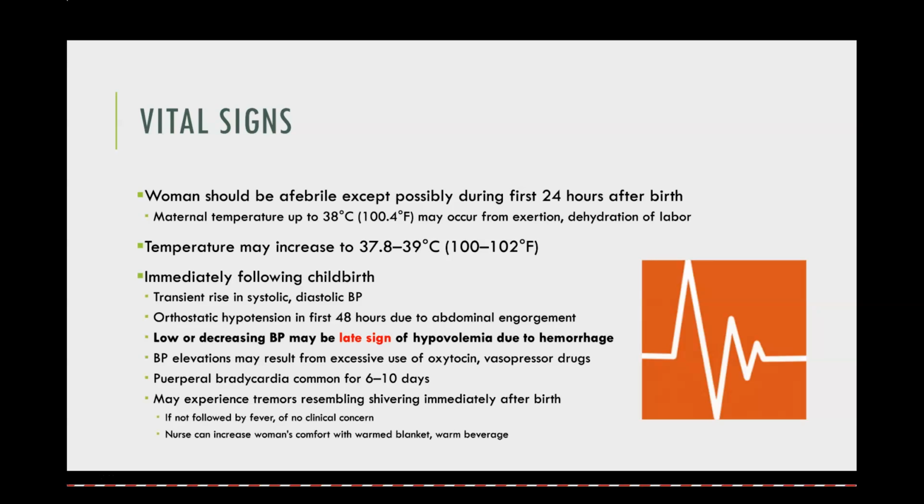If your mom has had to receive ephedrine because of an epidural, if she has had to receive a lot of Pitocin to induce her labor for long periods of time or augment her labor, you might see blood pressure elevations. Partly some of that can be due to this antidiuretic effect of oxytocin.